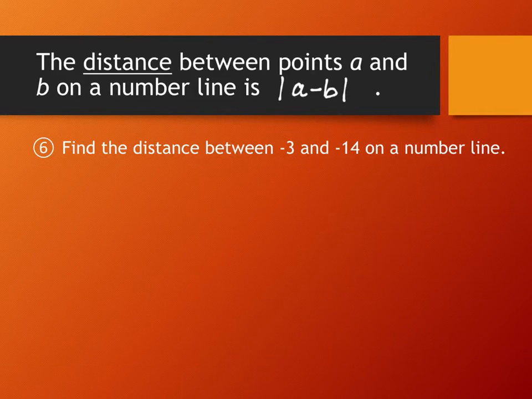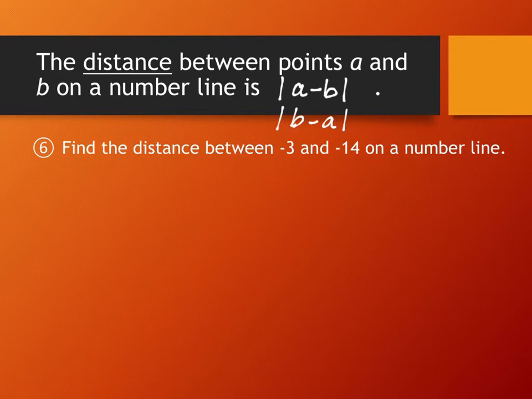And we put them in absolute values because we don't really care which one's first or second, because distance is positive. So you could write this as absolute value A minus B. You could write this as absolute value B minus A. It just doesn't matter. What we tend to do oftentimes is not even think about the absolute value. We just take the bigger one and we subtract the smaller one, right? And that automatically gives us a positive number.